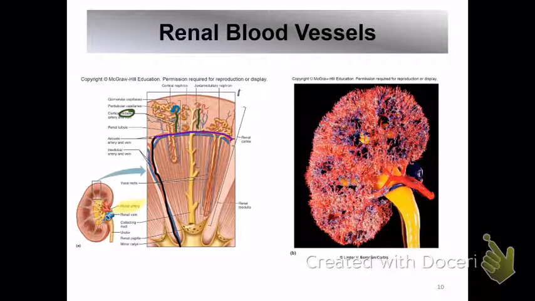Afferent leads to glomerulus. Okay, and we haven't talked about a glomerulus yet, but we will when we get to the nephron.